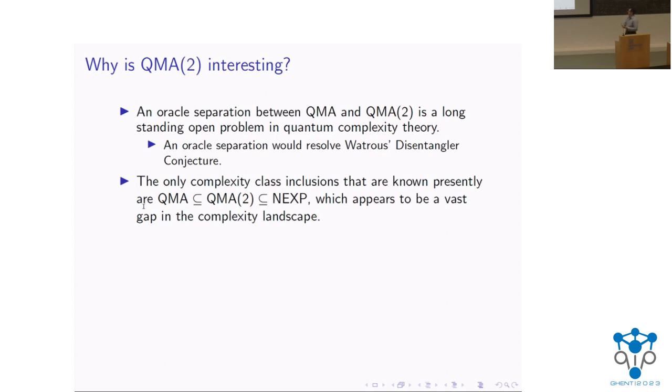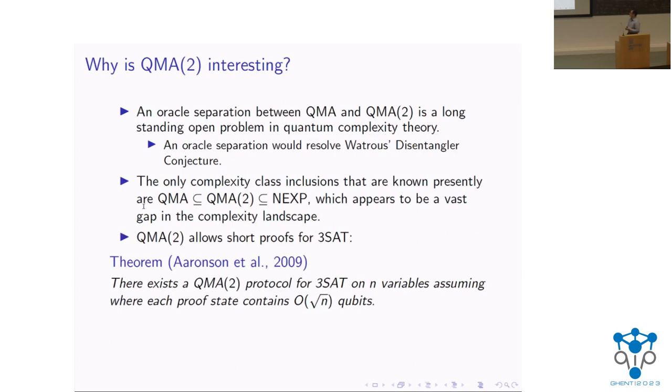And this is kind of the crazy part, which is the only inclusions we know about QMA2 is that it's bigger than QMA and it's less than NEXP, which is a huge class. So we would really like to be able to say something about QMA2. And just to give evidence that QMA2 is separated from QMA, there are short proofs for 3-SAT in QMA2.